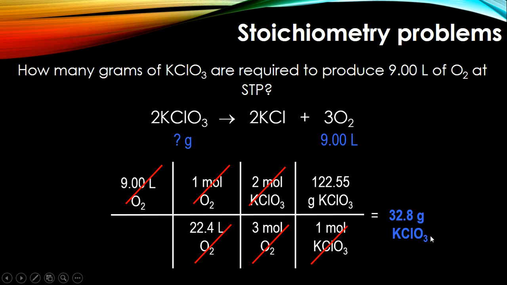And then I get 32.8 grams of potassium chlorate. So this is really helpful. If you're working in a lab and you're like, okay, I need to make 9 liters of oxygen, how much of this do I need to start off with? Right? So it's good at predicting what you need for a chemical reaction to take place.